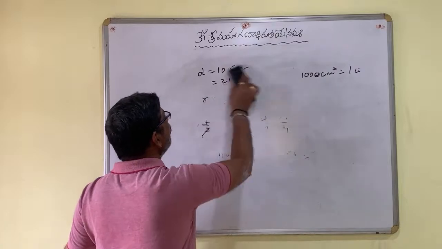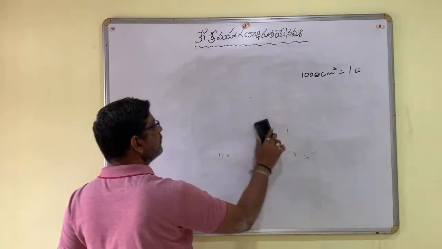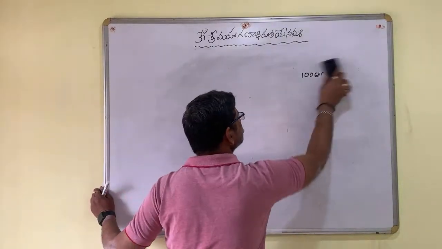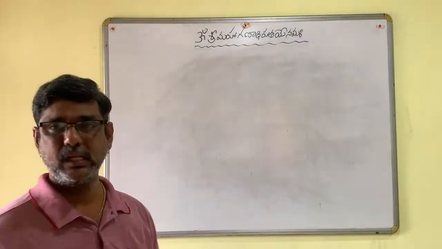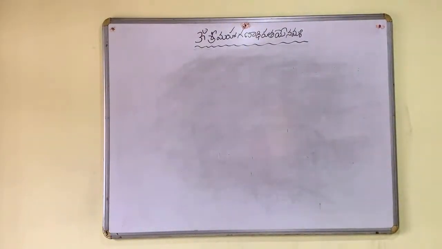Next question. A hemispherical tank is made up of an iron sheet 1 centimeter thick. If the inner radius is 1 meter, find the volume of iron used to make the tank.